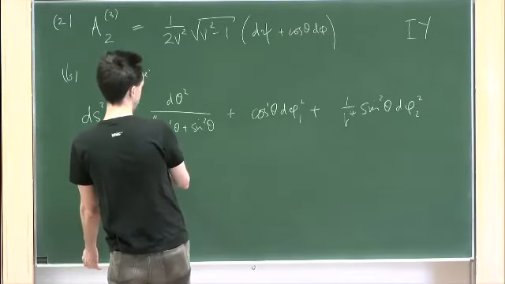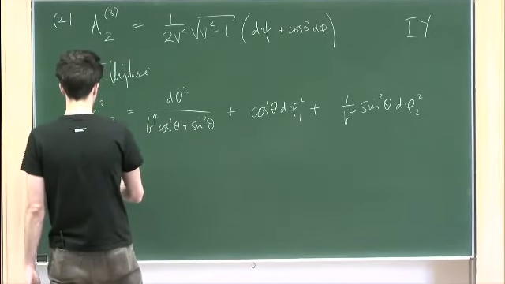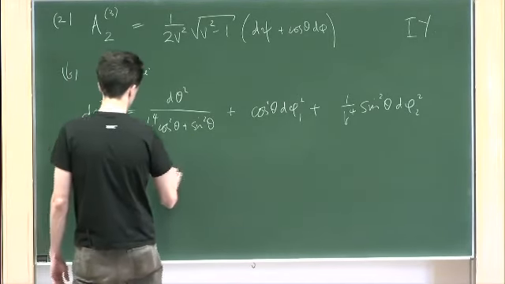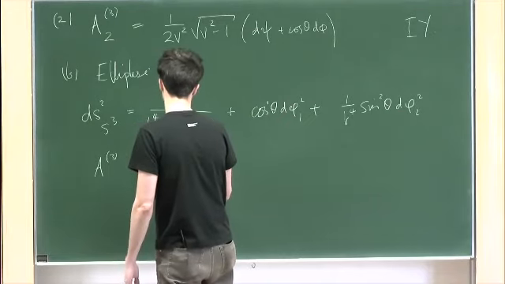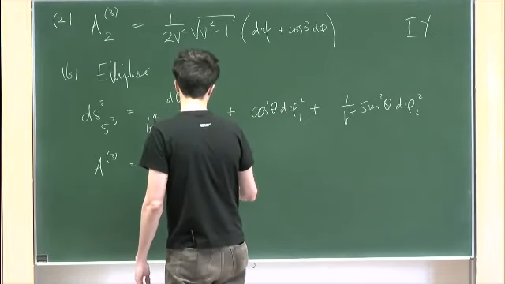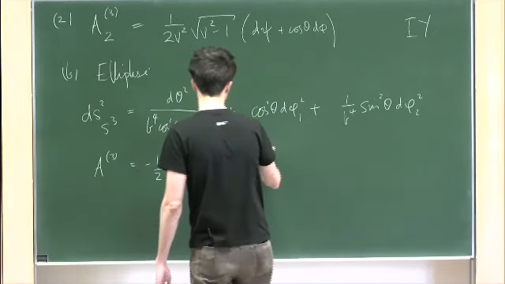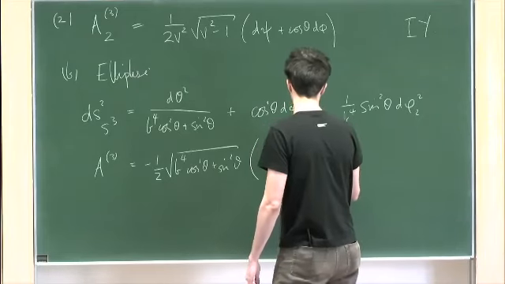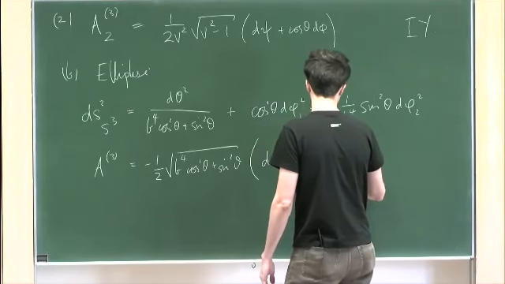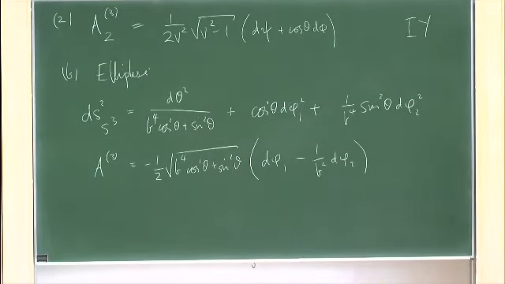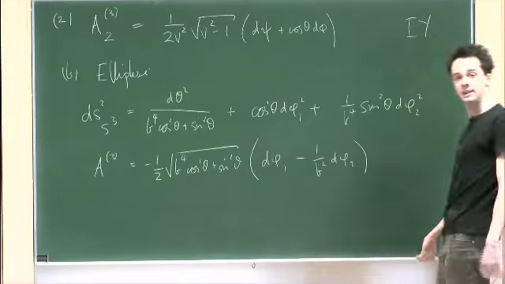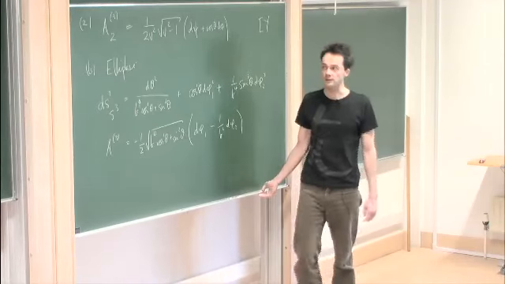Okay, and then you have this squashing parameter b, and the gauge field A3 is, there's a square root again, a slightly complicated thing, d phi 1 minus 1 over b squared d phi 2. Okay, good. So these are the squashed spheres that are around in the literature.